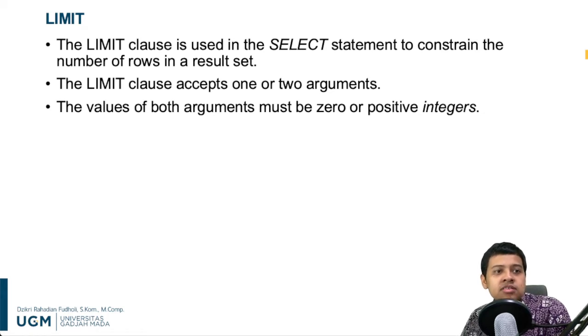The LIMIT clause accepts one or two arguments, so it can be just one, or we can give 2 arguments. The value of both arguments must be 0 or positive integers, because these are just like indexing. We cannot write a LIMIT of minus. So if we put 0, then it doesn't return anything, if we put 1, then we can return 1 row and so on. We cannot fill it with a negative.